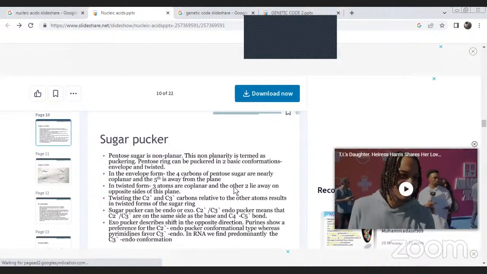In the envelope form, four carbons of the pentose sugar are nearly coplanar and the fifth position is away from the plane. In the twisted form, three atoms are coplanar and the other two lie away on opposite sides of this plane. Twisting the C2 and C3 carbons relative to the other atoms results in twisted forms of the sugar ring.